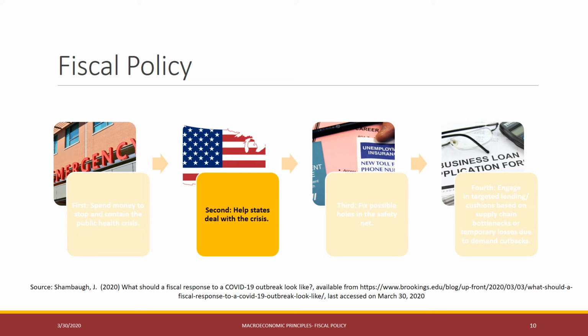By picking up a large share of the cost of Medicaid, the federal government can make sure budget decisions do not constrain the health response by the states, and also ensure that increased Medicaid costs do not force states to cut spending in other areas like education or public safety, in ways that can contribute to the economic downturn.